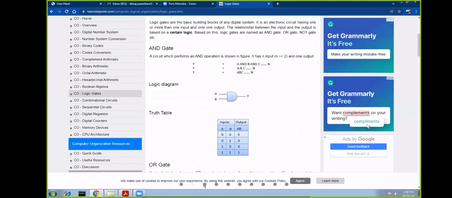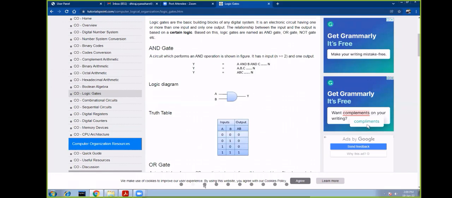A is suppose physics, B is chemistry. A person who is getting below 35 marks, suppose somebody has 34 marks, can be represented as 0. Okay?